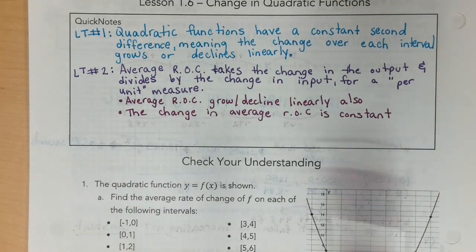So then also remembering, like it said before, that the average rate of change grows or declines linearly. That's a horrible word. And the change in average rate of change is constant. The change in what was constant? Average rate of change.